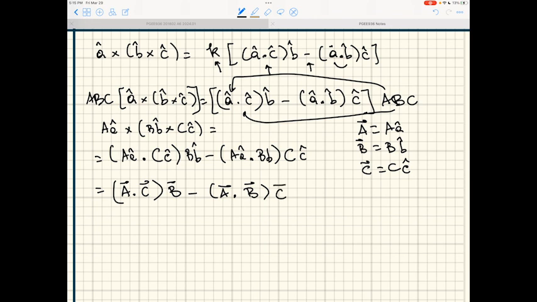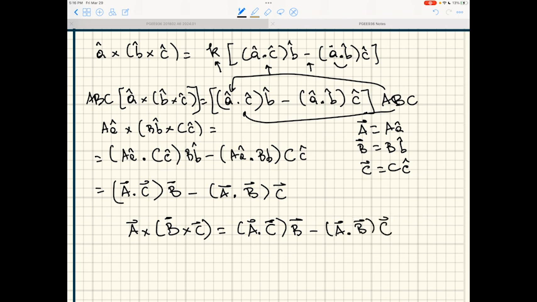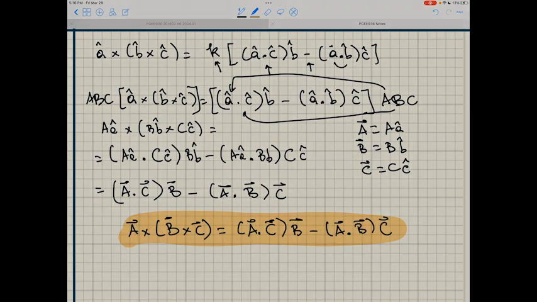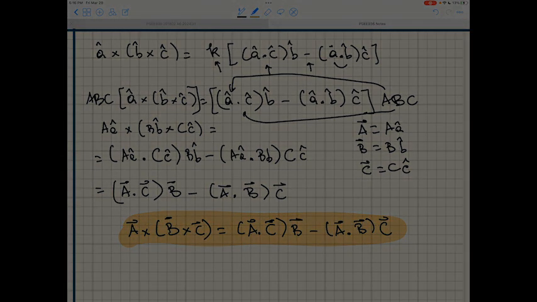So this demonstrates our distribution property of the triple vector products using this method. It's a semi-geometric method, let's say. So this concludes our demonstration of the triple vector product distribution property.